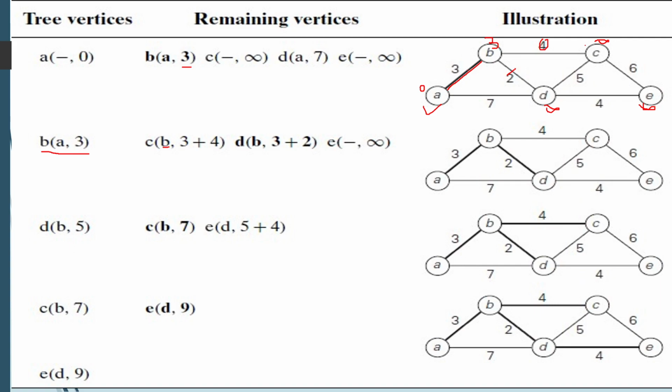As I told earlier, it works the same as Prim's algorithm, but only the path distance you have to consider from the source. So now you are selecting which one is adjacent to D. B is adjacent to D. Earlier you had taken A as adjacent because at that time you had not visited B. That's why you didn't know this path.